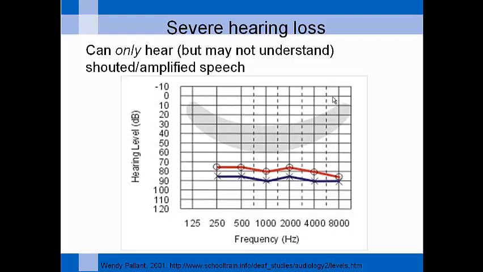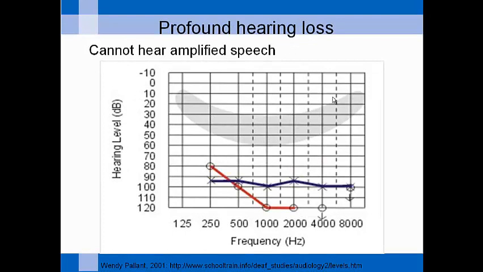So remember back to some of those other examples, normal hearing is when the X's and O's are up here. So with the severe hearing loss, they can only hear shouted or amplified speech. So if the severe hearing loss was not treated, they probably would only be able to hear loud environmental sounds like a siren or horn honking or something like that.